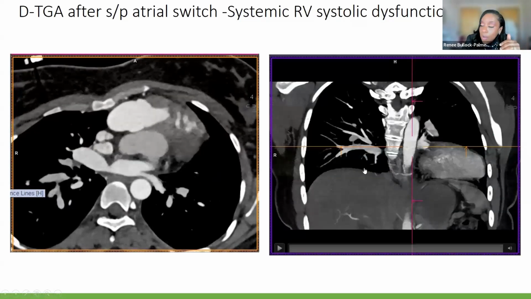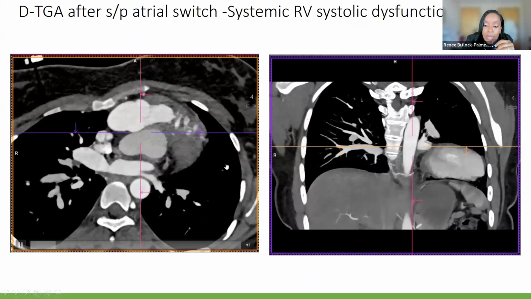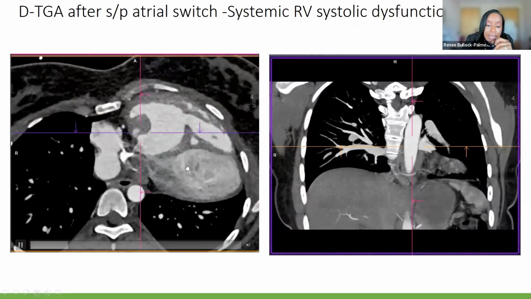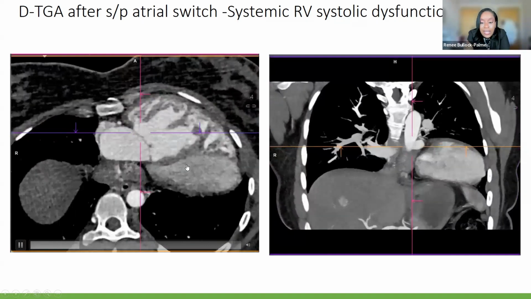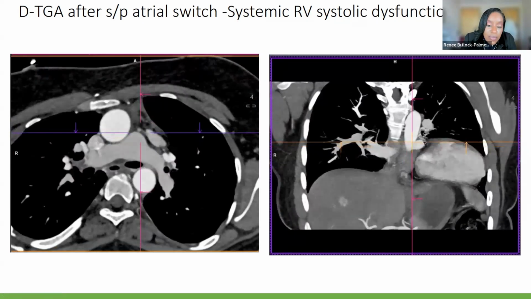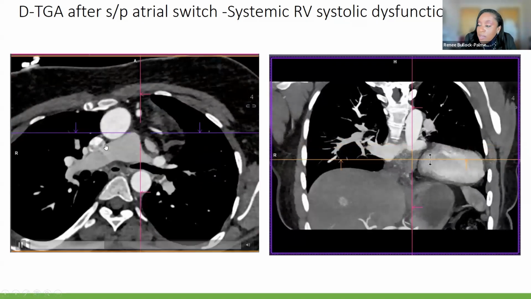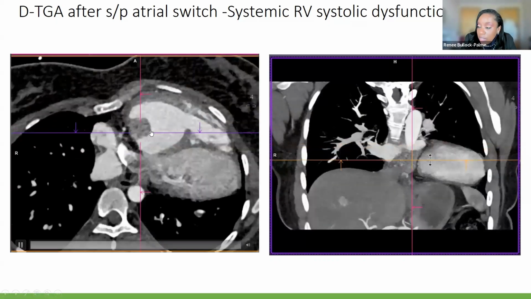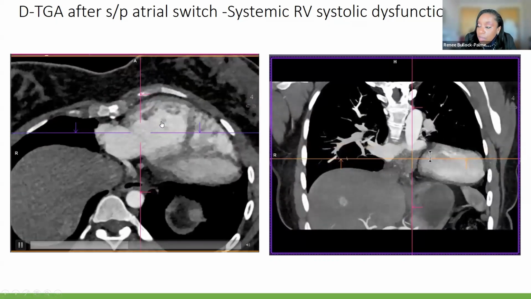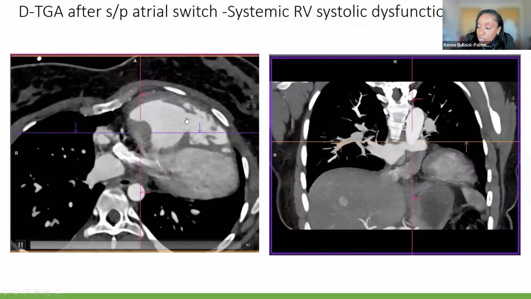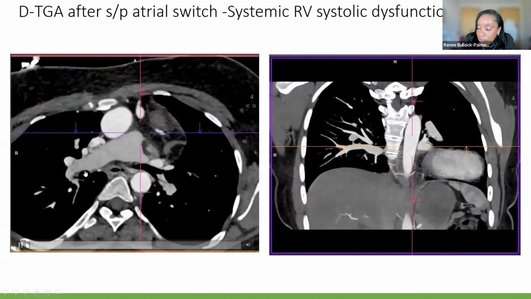And this is an example of a D-TGA that we had in our lab, a patient that saw me in my clinic actually, with systolic dysfunction of the systemic right ventricle. And you can see here that she had the atrial switch, where that RV is massive, it's hypertrophied because it's a systemic ventricle.